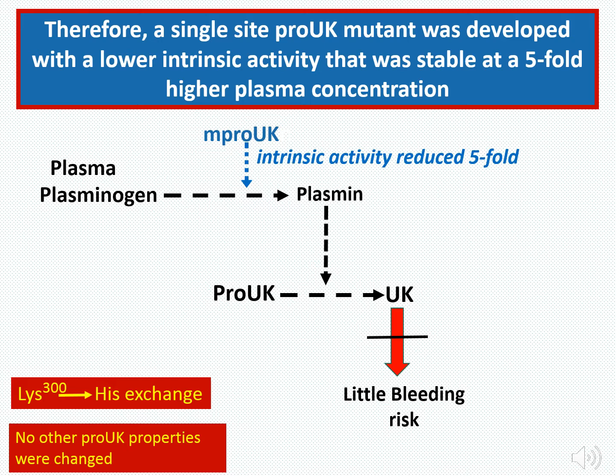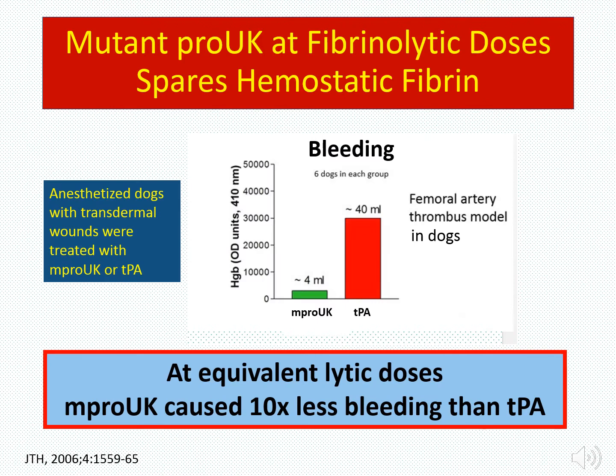And that's shown on this slide with a 5-fold lower intrinsic activity of mutant pro-UK, therefore a reduced liability to activate plasminogen to plasmin, plasmin to pro-UK activation to UK, and therefore a reduced bleeding risk compared to native pro-UK. On this slide is shown an experiment showing that mutant pro-UK, M pro-UK, spared hemostatic sites at fibrinolytic doses.